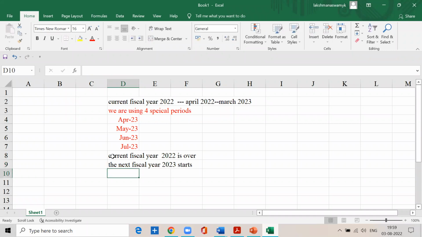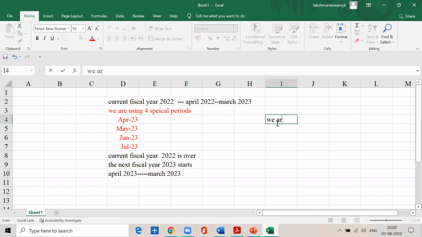So next fiscal year 2023 means April 2023 to March 2024. Now, let us say we are in June 2023.